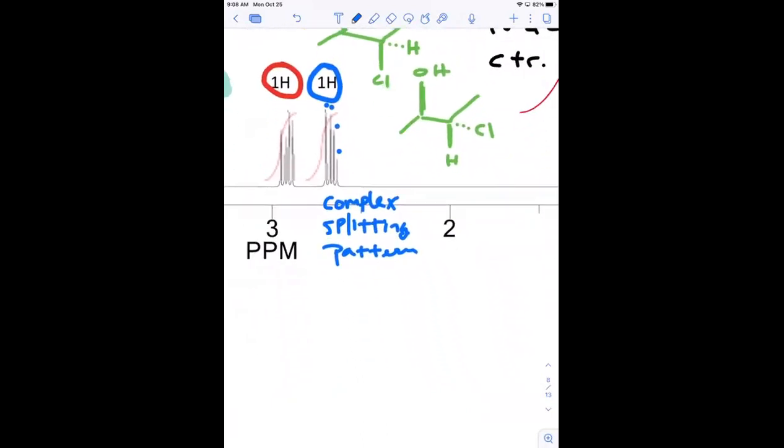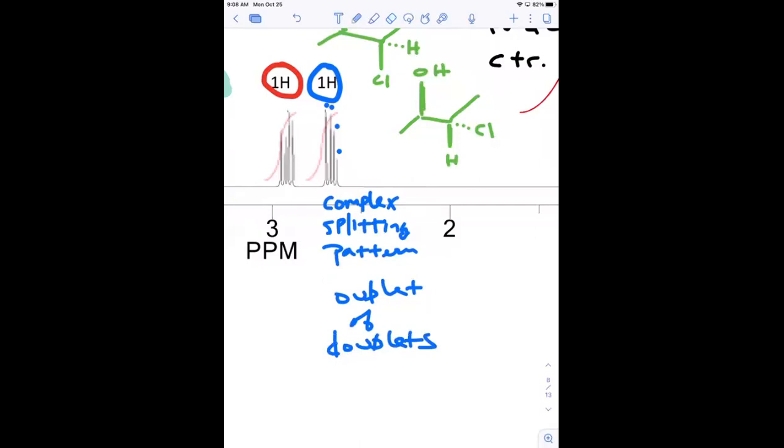Since it's 4 lines, it's actually 2 doublets together. I'll explain that. So that particular pattern is what we call a doublet of doublets. Right, so it's 2 doublets together.